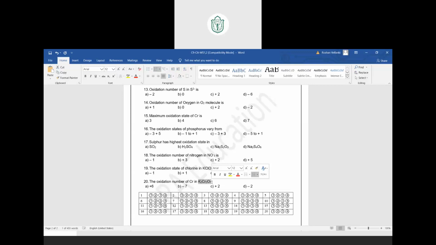The last one, from the second worksheet: correct, option A. So the 15th one also, the maximum oxidation number of chromium is 6, option C. Is it clear?